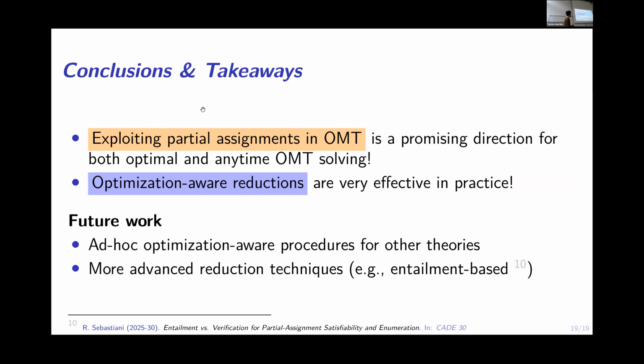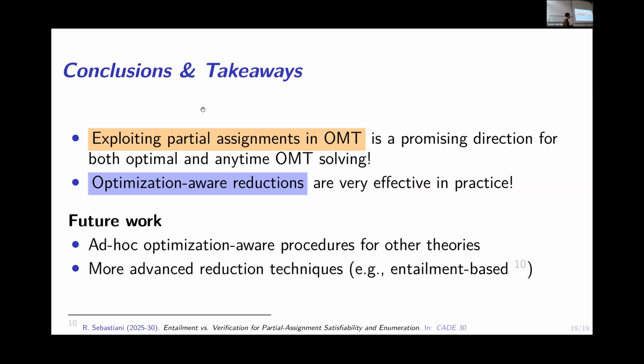So concluding, we have shown that exploiting partial assignments in OMT is a promising direction, both for optimal and anytime OMT solving. And we have also shown that using optimization aware reduction is very effective in practice to converge faster to the global optimum.